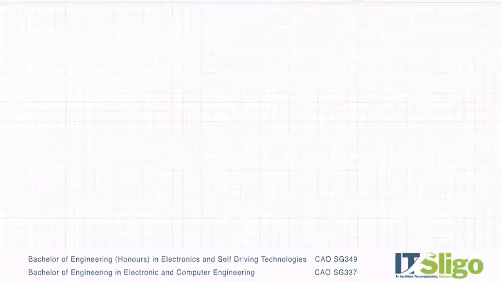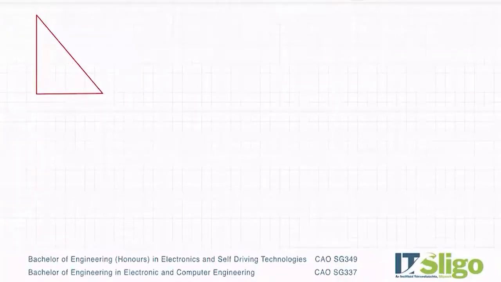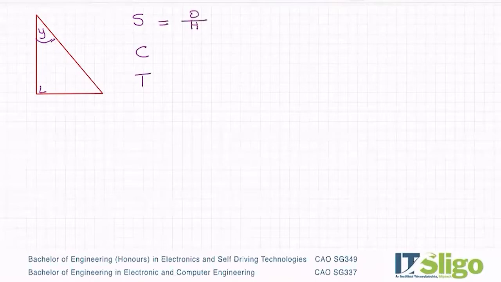Okay, let's do another example of that. Okay, so let's call this angle up here Y. And there's your right angle. And let's label our sides. So sine, cos, and tan. So oh hell, another hour of algebra.